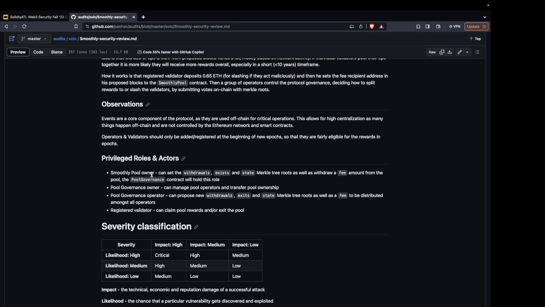I haven't looked at this protocol, but you can see there are different roles for governance. There's a different role for operating a pool, and each of these roles can do different things. And so you can see written out in words, here's this role, a pool owner, and the pool owner can set withdrawals and do other things.